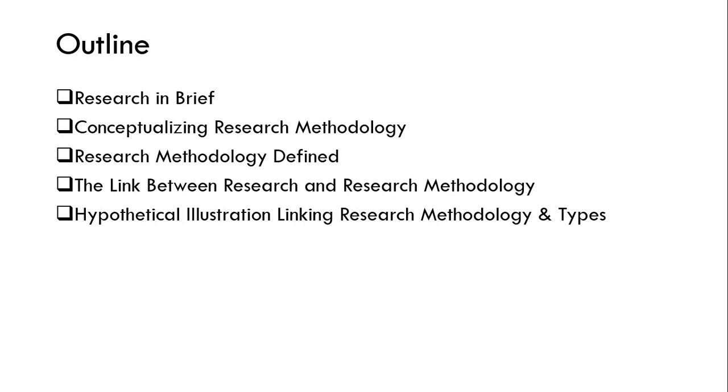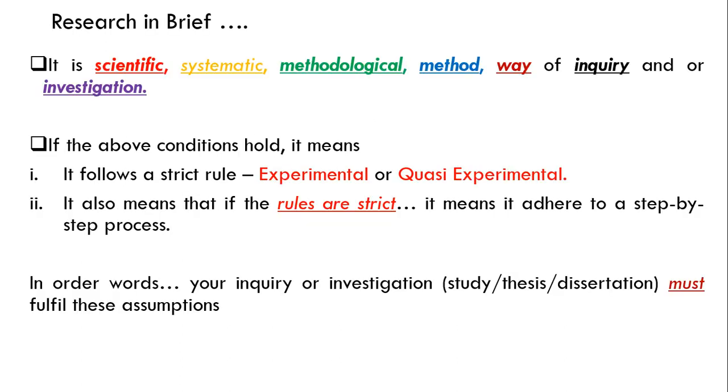After that we are going to do a hypothetical illustration that links research methodology and types. Now, going forward, basically, we need to have at the back of our mind, or have this understanding, that research is scientific in nature.